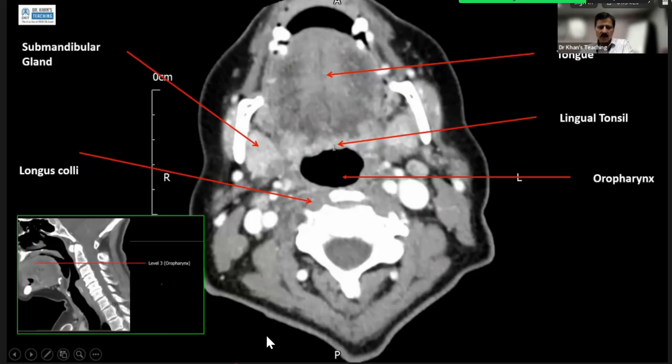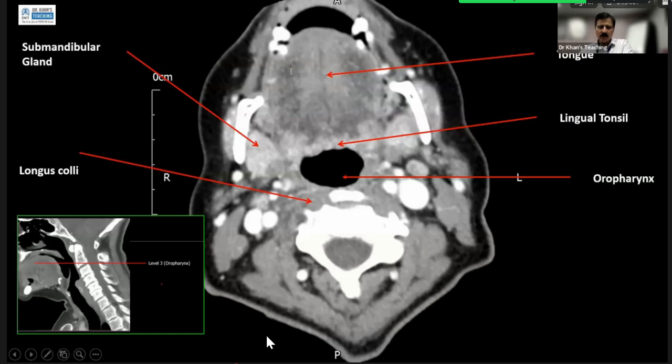Now on the tongue base, where I am pointing out, you can see that the density is slightly larger, slightly brighter. So this is the lingual tonsil, and on MR, particularly on the STIR sequence, this will be high signal. This is the lingual tonsil, and anteriorly is the tongue.